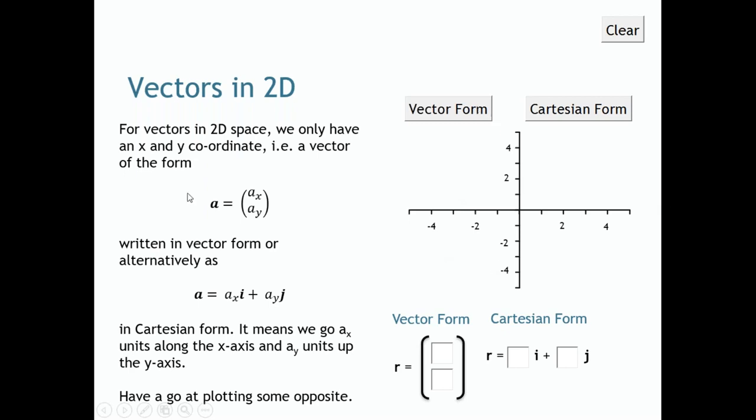That is vectors of the form a equals (ax, ay). Written in vector form, alternatively we can also write it as a equals axi plus ayj.